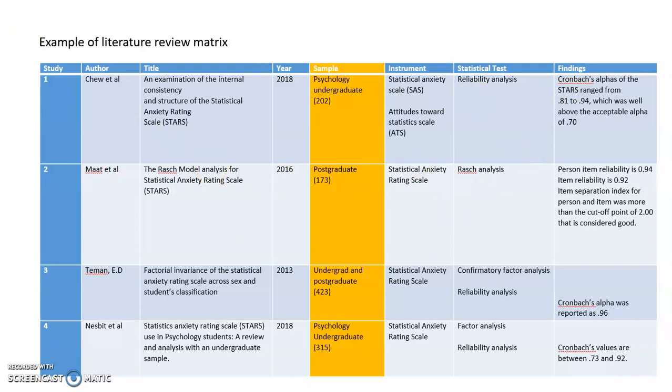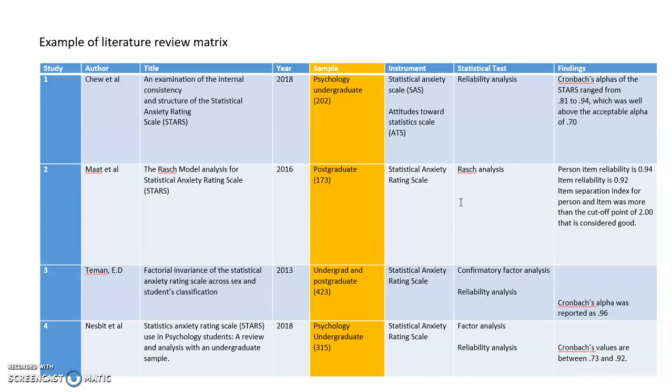So when you put everything into a single page in a single table, it is much clearer for us to see the common themes or the trends or the similarities or differences across these papers.